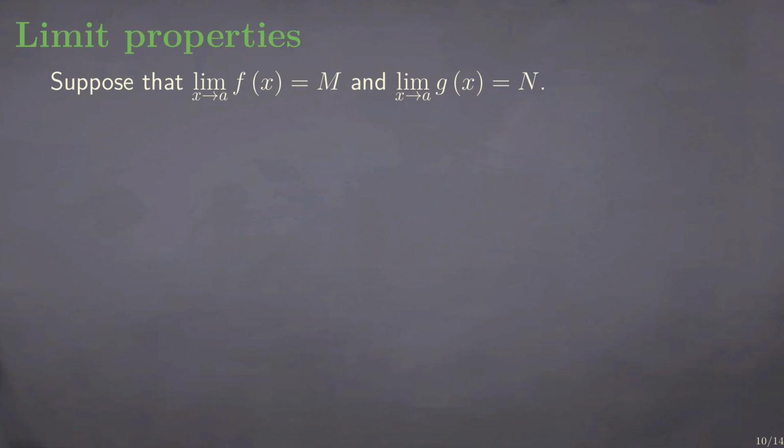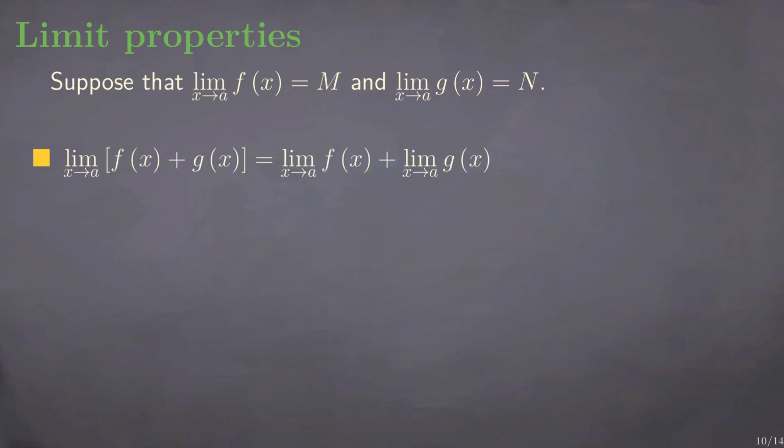Okay, so let's take a look at some properties of taking limits. Suppose that the functions f and g both admit limits when x tends to a, and the limit of f is m and that of g is n. Then the first rule is that taking limits commutes with taking sums, meaning that the limit of the sum of f(x) and g(x) is the limit of f(x) plus the limit of g(x), which is m plus n.